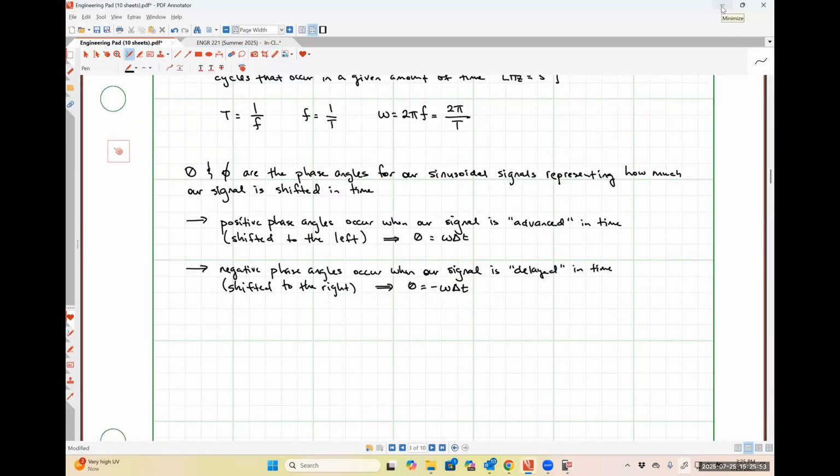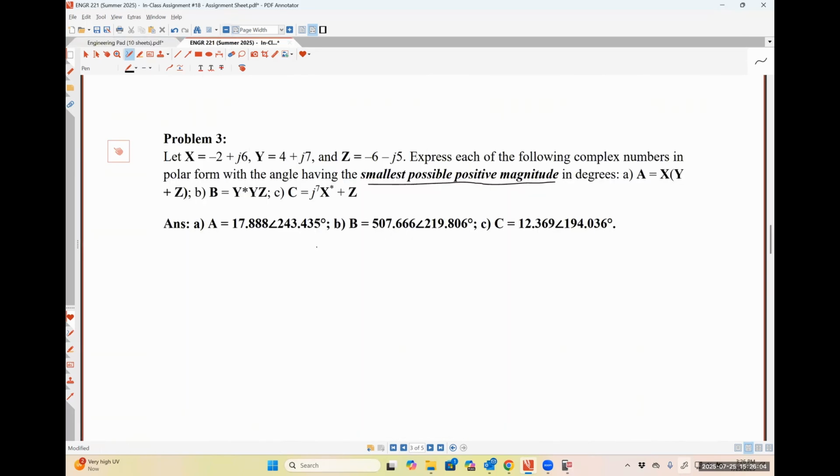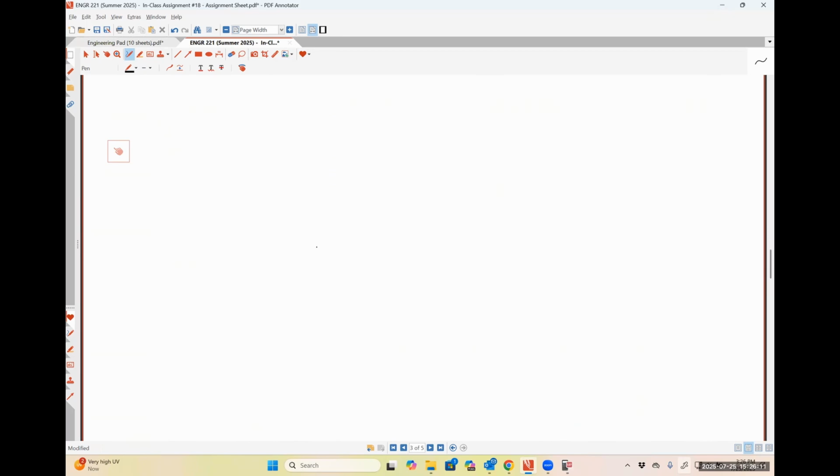This is very similar to a homework problem from set number 19. I just want to work it with you because it is surprising what we can come up with given how little information was actually provided, okay?